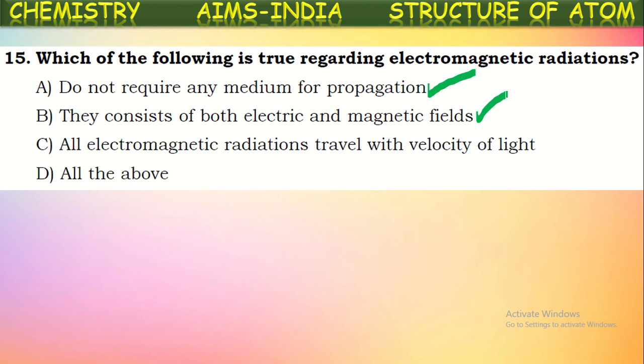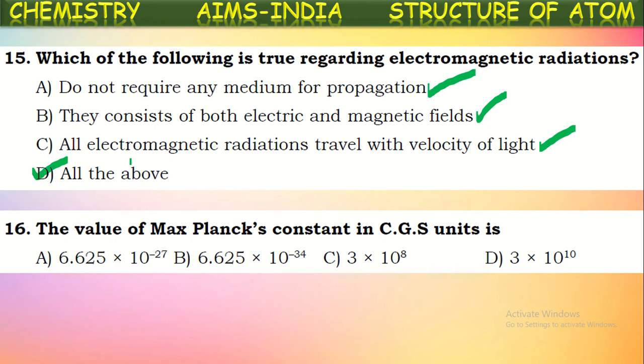Yes, this is also correct, because all electromagnetic radiations travel with the same velocity, which is considered the velocity of light, equal to 3 into 10 to the power of 8 meters per second. So these three statements are correct. What will be correct also? This. See the next question.